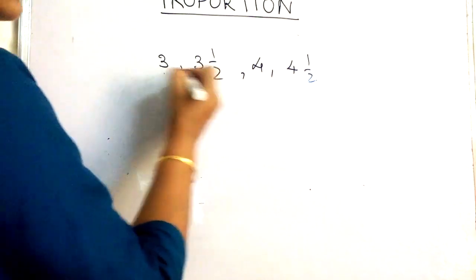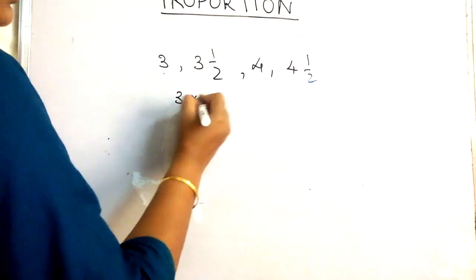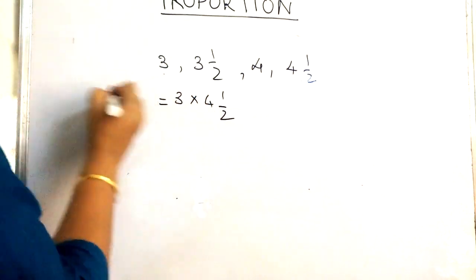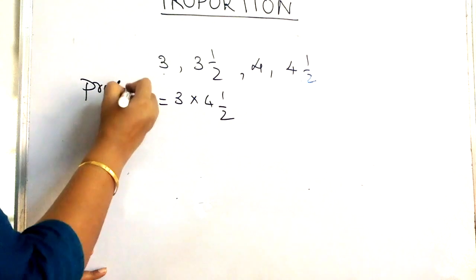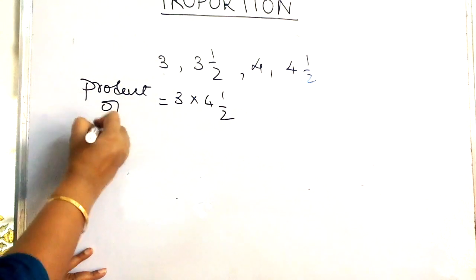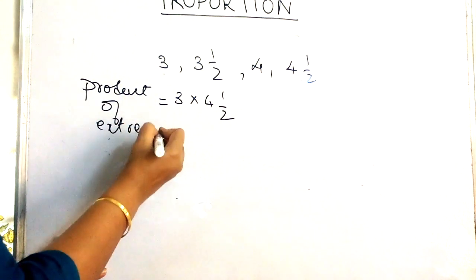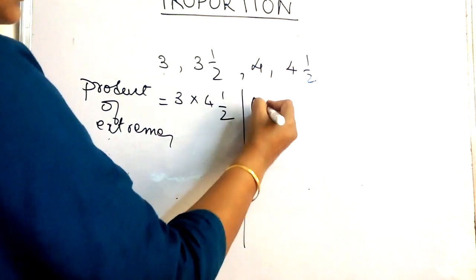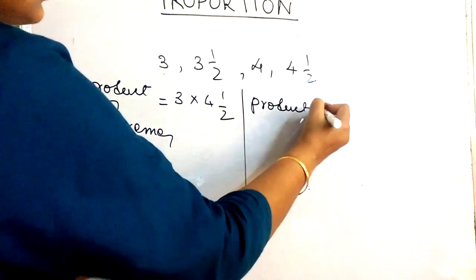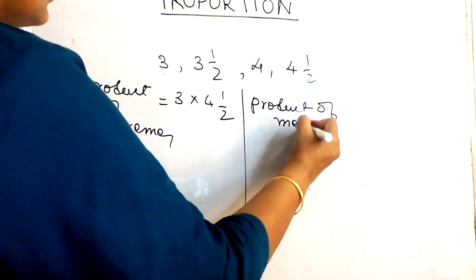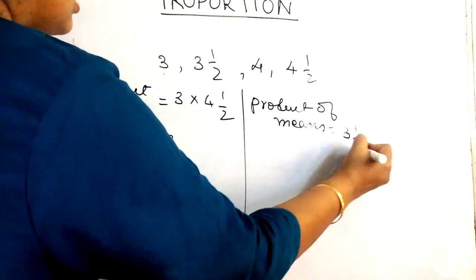Product of extremes is 3 into 4 and a half. Just try the product of extremes, and then product of means, and that gives me 3 and a half into 4.